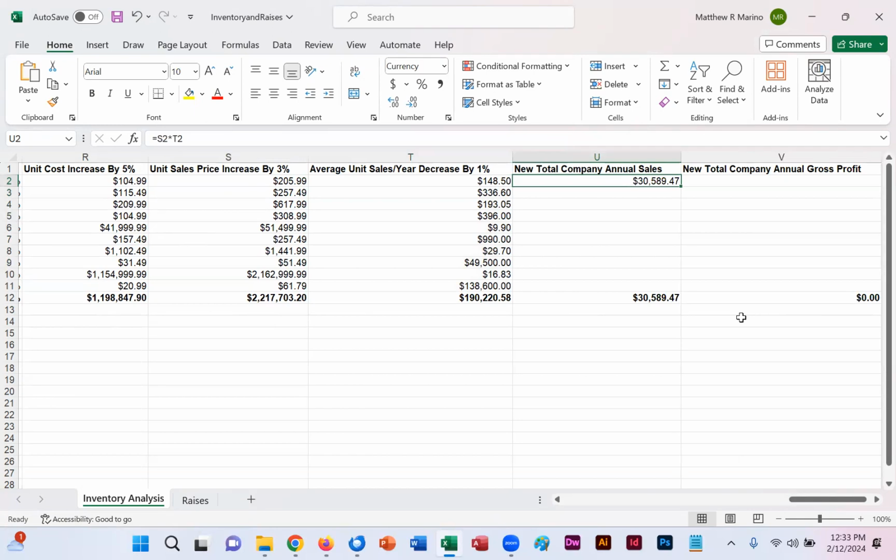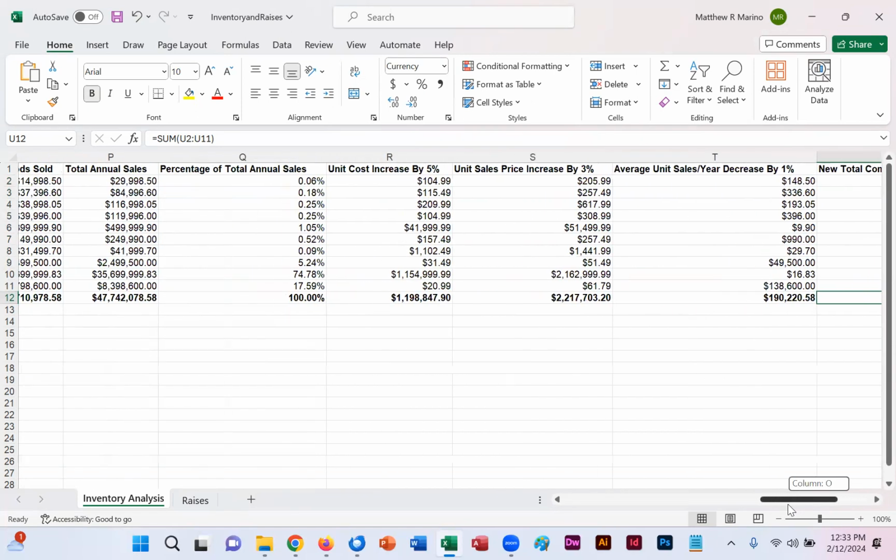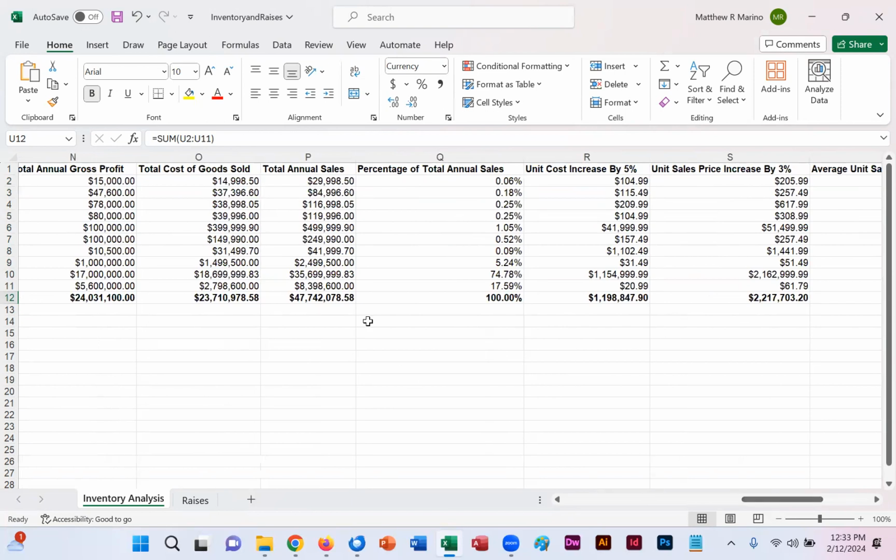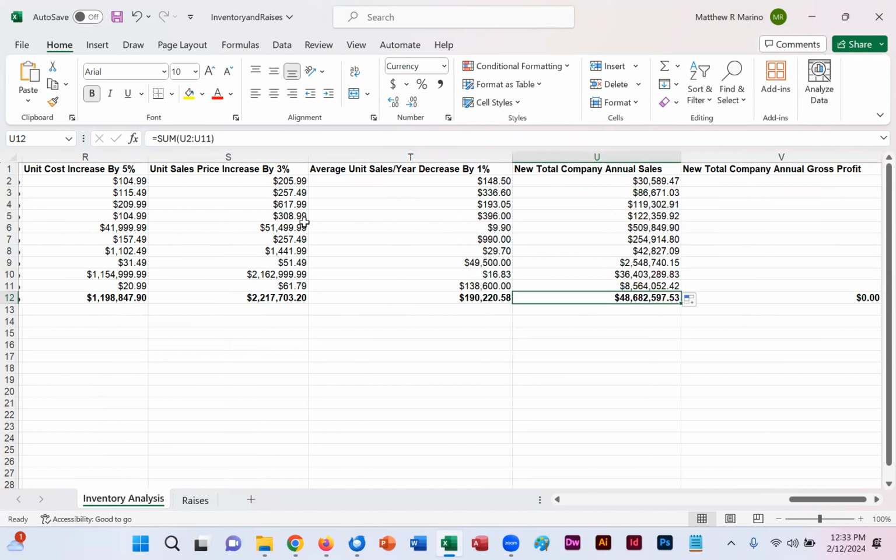We click enter, we click back in and auto fill down. So now we have $48 million in sales compared to 47 before our minor changes to the costs here.